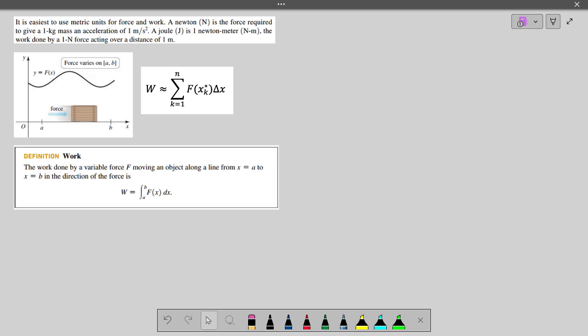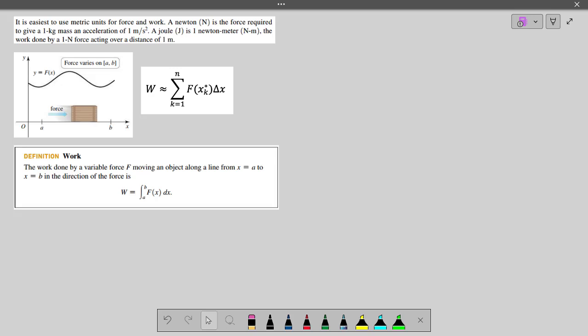Integrate the force. Now, force and work can both be negative. So we'll come across some scenarios. The main idea is, for there to be work done, the object must be displaced. It needs to move.